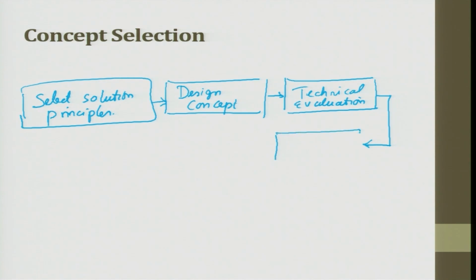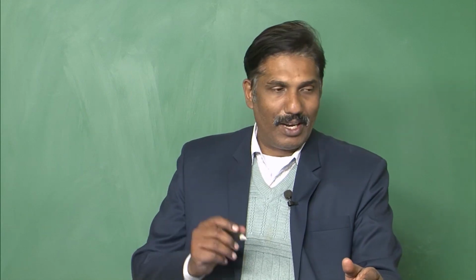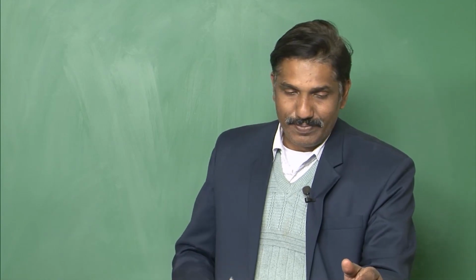Then we do economic evaluation, and finally, we select the final concept. Okay, these are the steps which are involved. So, first is select solution principle, and then you start looking at design concepts, then you evaluate it technically, and then economical evaluation is done, and finally, we try to select the final concept.